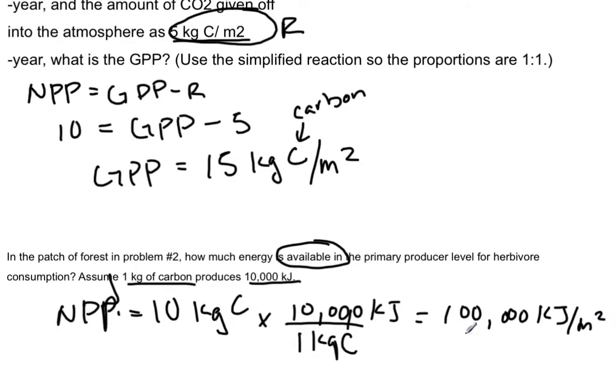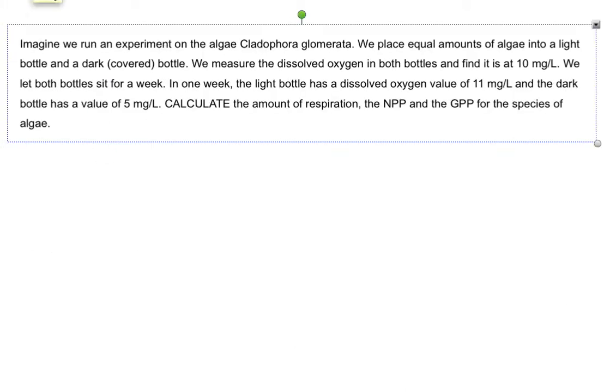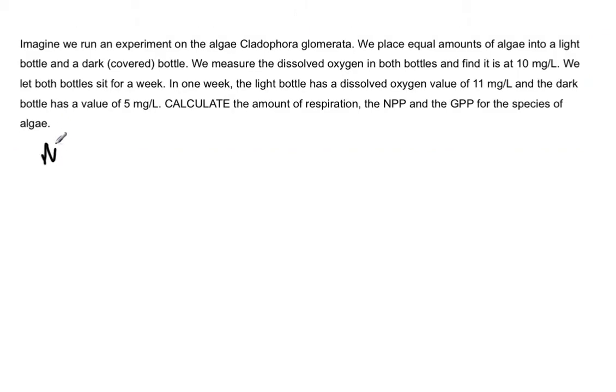And again, I get a point for the number, and then I get a point for the unit. So here's where it gets a little bit more interesting. So I'm going to continue using the exact same equation where I take NPP equals GPP minus respiration.